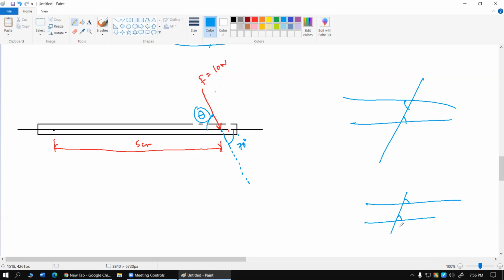Corresponding, right? Someone confirm me. What do you call these two angles? Corresponding. Corresponding angle, right? Okay, I forgot what it is called in Bangla, but yes, they are called corresponding angles.